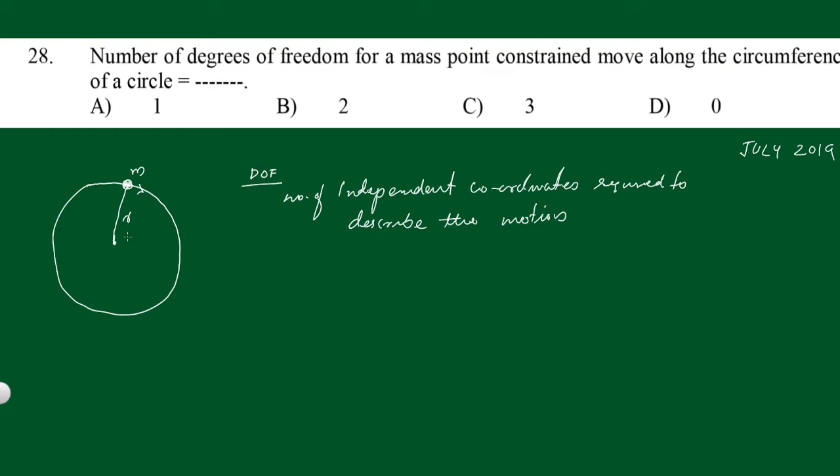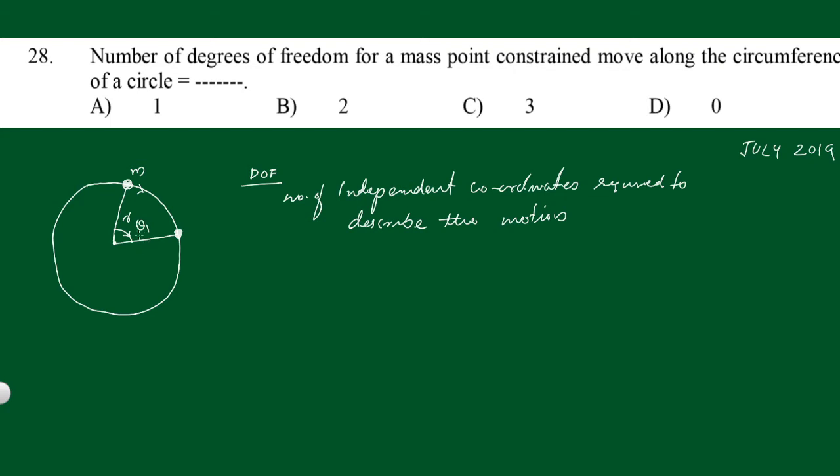So here, what is moving? The mass point is moving. After some time, what will happen? The mass point will be at this position. So the change from the initial position is theta 1.